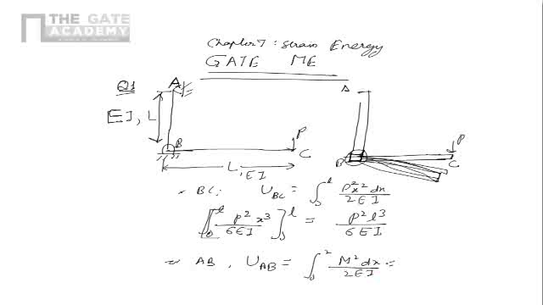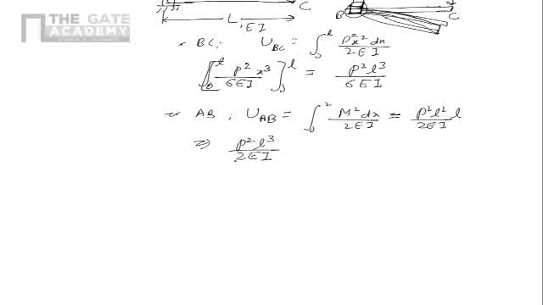Now M is a constant, which is equal to PL, so M² is P²L². So it comes out, upon 2EI, and the integration of dx is nothing but L. So this value is P²L³ upon 2EI.